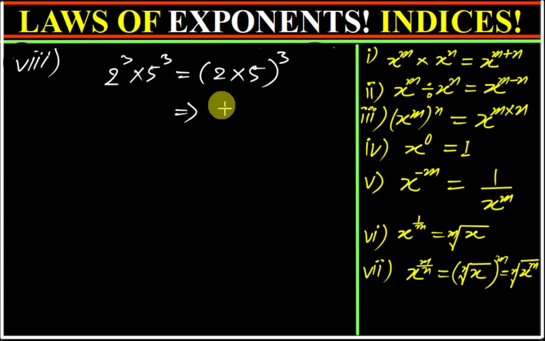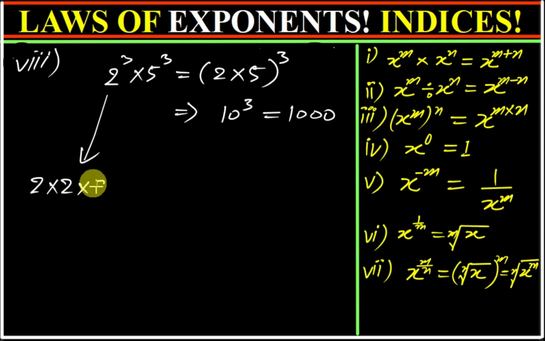So it will become something like this. 5 times 2 is 10. 10 raised to the power 3 is 1000. So we are getting here 1000. The same way, if we see, 2 raised to the power 3 is 2 times 2 times 2, 3 times repeatedly multiplied, into 5 raised to the power 3, which means 5 times 5 times 5.